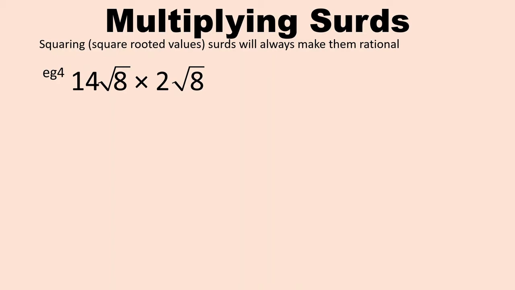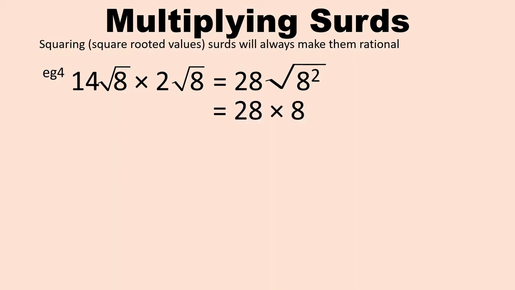So that's going to give us the square root of 8 squared. We probably could skip this step in the future because you should know directly that the square root of 8 squared is going to give you 8. So this gives me a rational answer. 28 times 8 is 224.